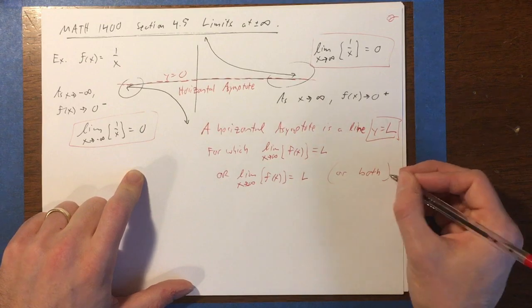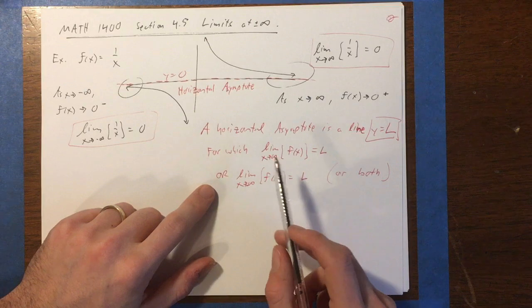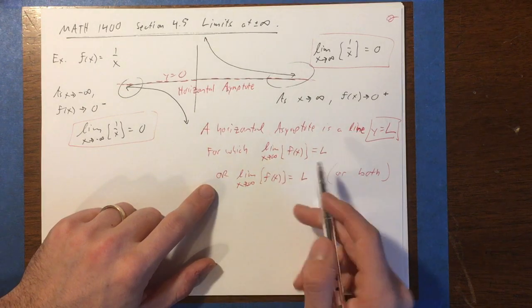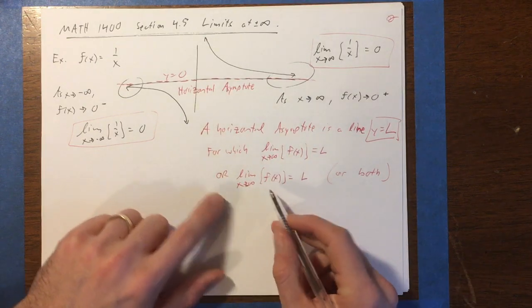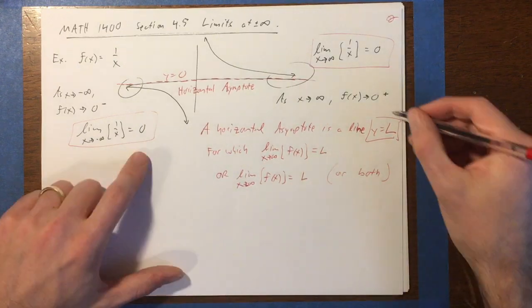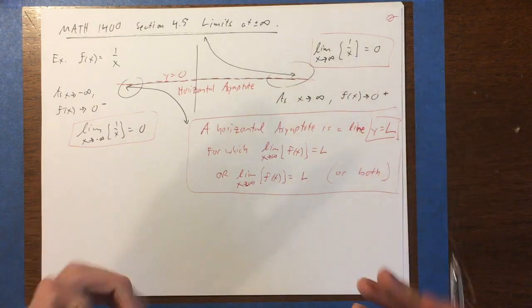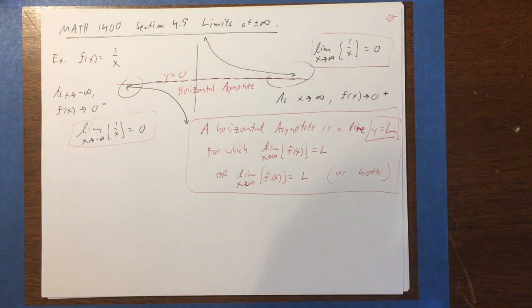In mathematics, if you say or, generally that is an inclusive or. So either you have a limit at infinity which is equal to L, or a limit at negative infinity which is equal to L. And if either one of those happens, then you can call y equals L a horizontal asymptote. So horizontal asymptotes are just defined as a finite value where you have a limit at infinity.